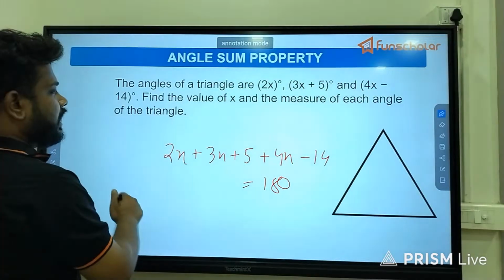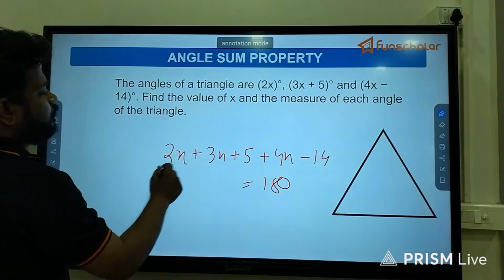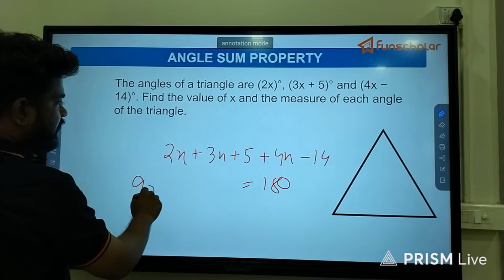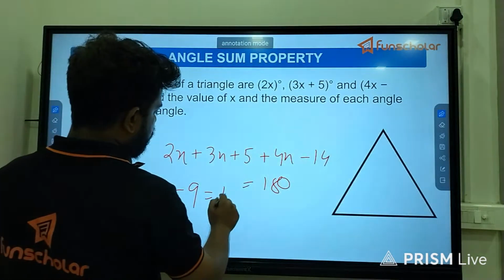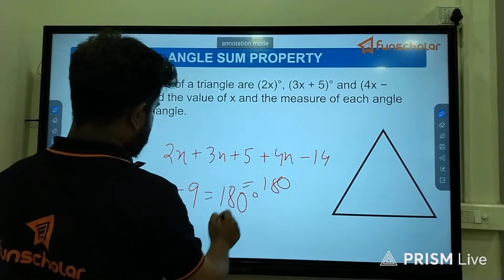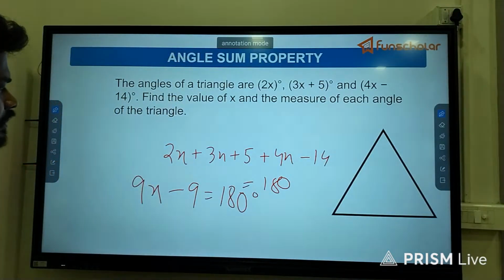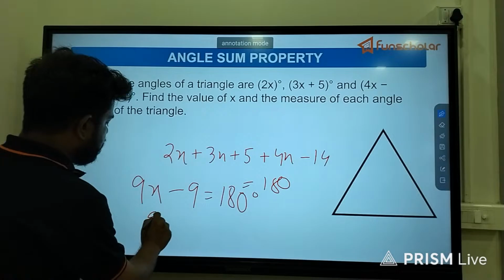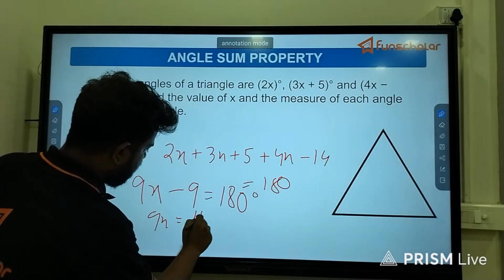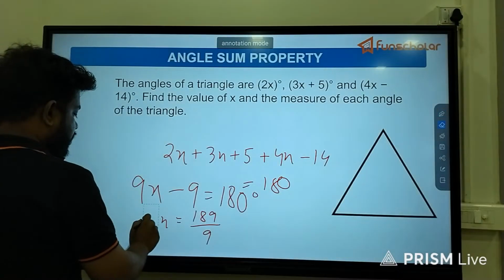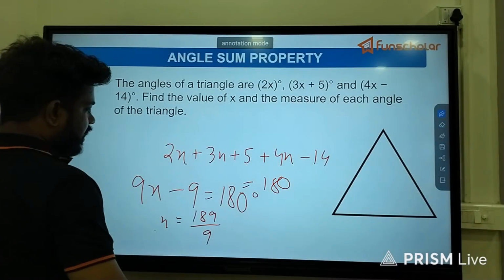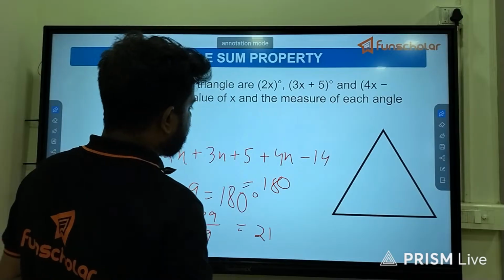So here we are having 4 and 2, 6, and 3, 9. 9x minus 9 equals 180 degrees. Okay, yes, so 9x equals 189, so x equals 189 by 9, so it will be 21 degrees.